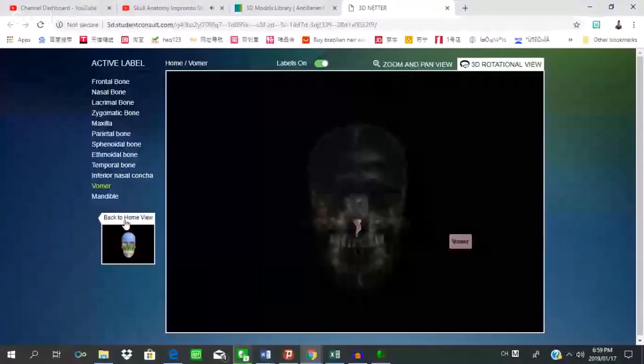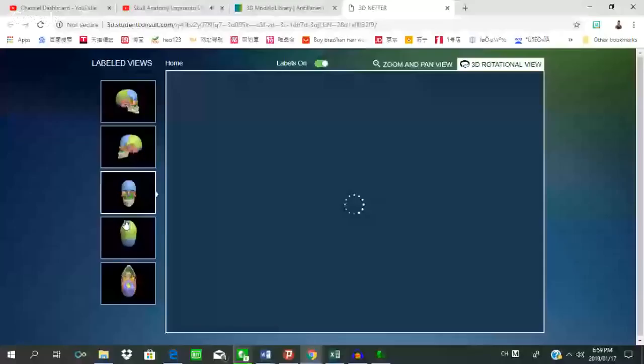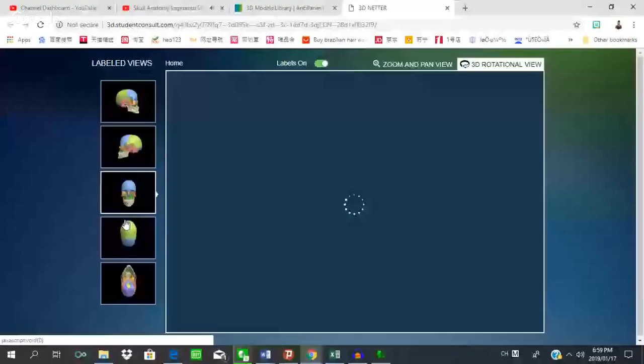I'm just going to go back to the home view. So if you're looking in your actual Netter's hard copy book, as I have the fifth edition, and looking at plate 4 and just looking at how we've progressed, I think it's really quite simple.